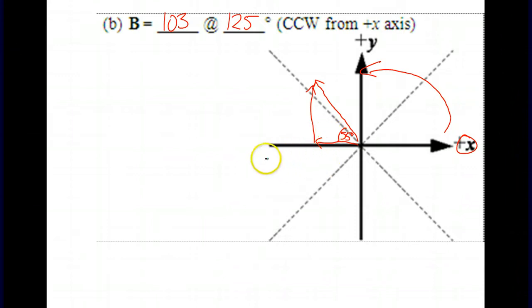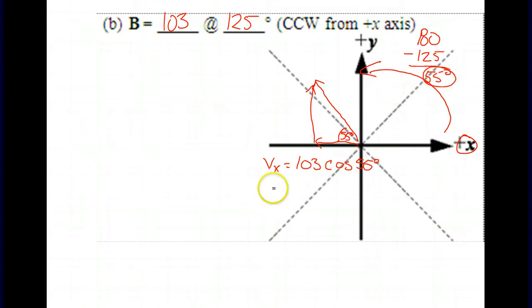And to get that 55 degrees, you can just take 180 minus 125, and we come up with 55. That's really where we're getting that 55 degrees from, just to clarify.